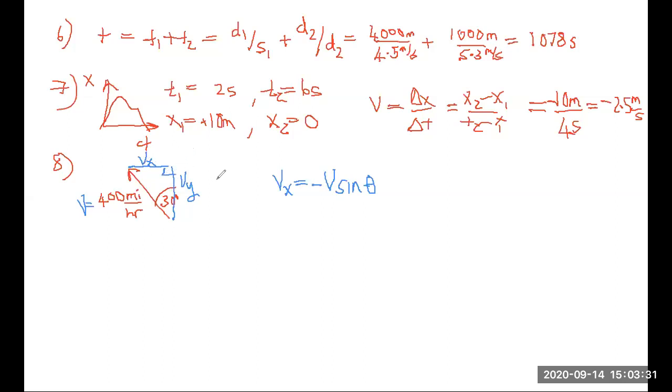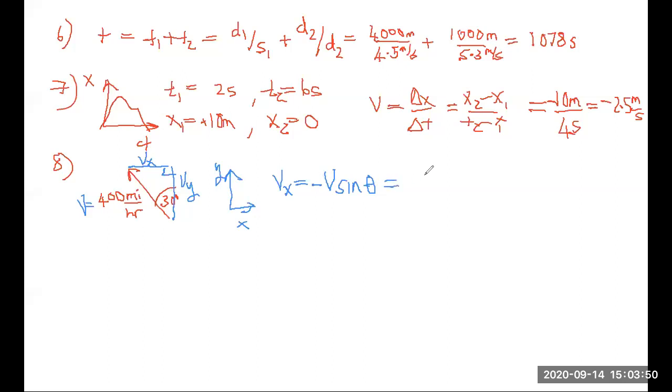But in the question we're told that the x direction is towards the right here. The y direction is vertically upwards. So this Vx, this velocity component, is in the negative direction. So I've put that in here.